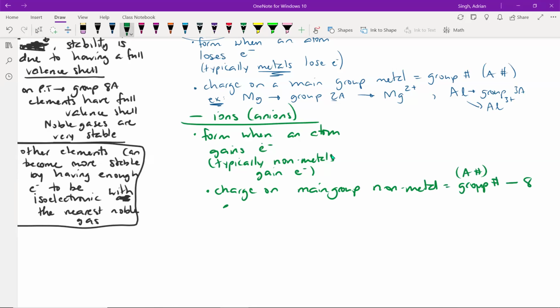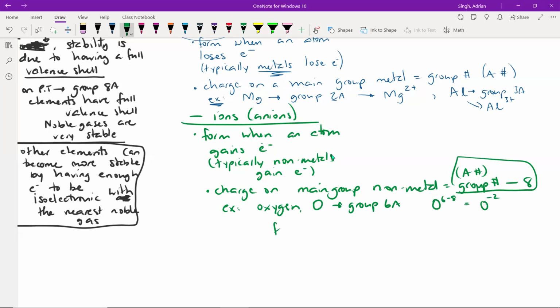So for example, if I look at oxygen, O, oxygen is in group 6A. So the charge then on the oxygen ion will be, group number 6 minus 8, right? A little bit of math involved. 6 minus 8 is minus 2, or 2 minus.